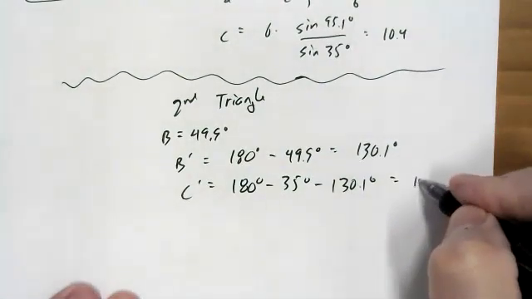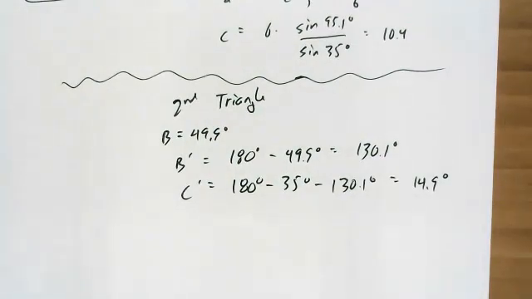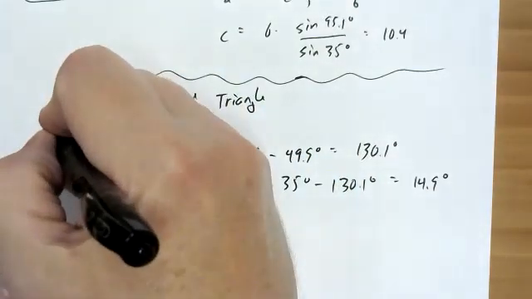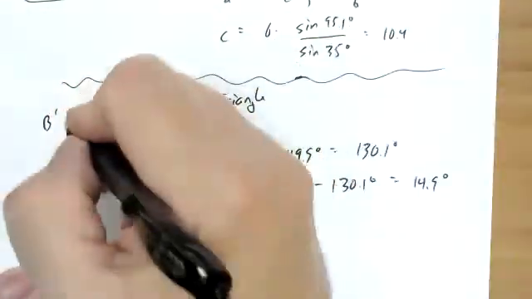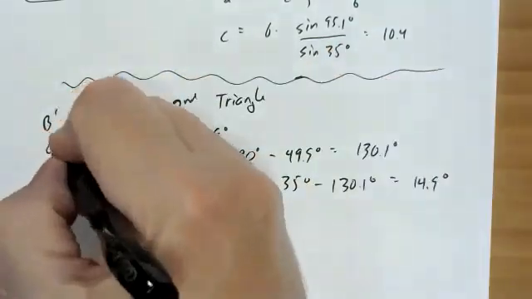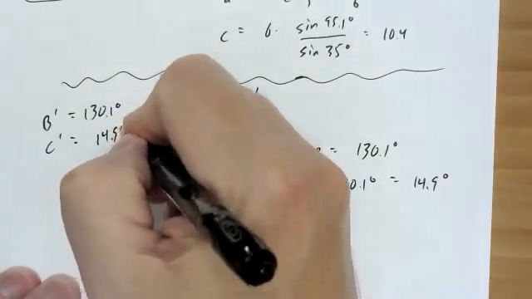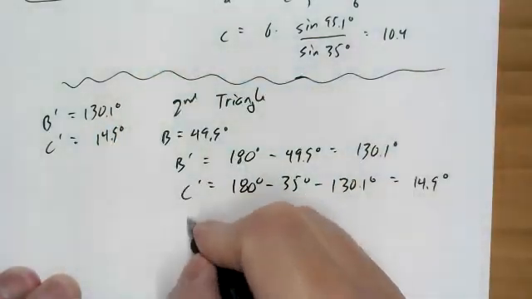And it is 14.9 degrees. So there's a second triangle so far. Angle B is 130.1. Angle C is 14.9.